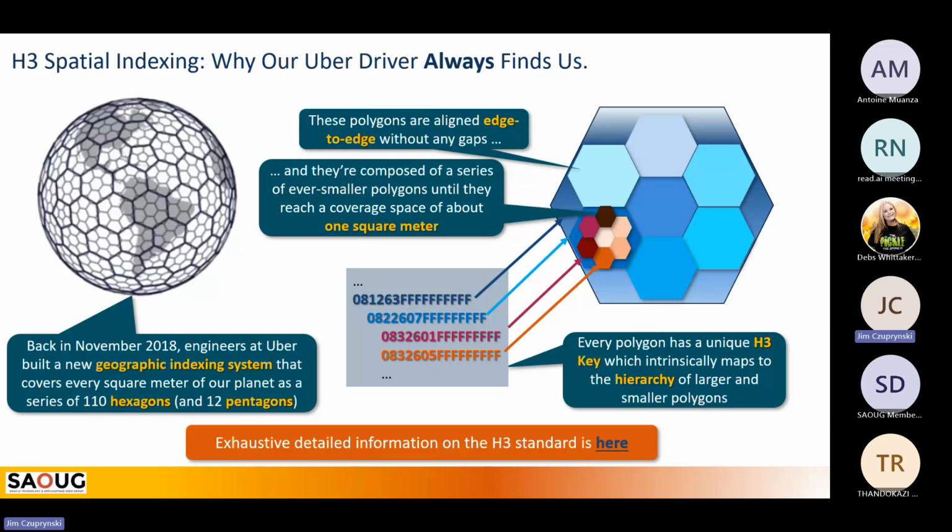What's different about H3? Well, here's the thing. Each one of those hexagons has a distinct H3 key. So take that very dark orange hexagon right there at the bottom, the smallest one there. It knows that its brother inside its parent hexagon is its brother because they're next to each other in the hierarchy. And it also knows that kind of darker blue one there is its parent.